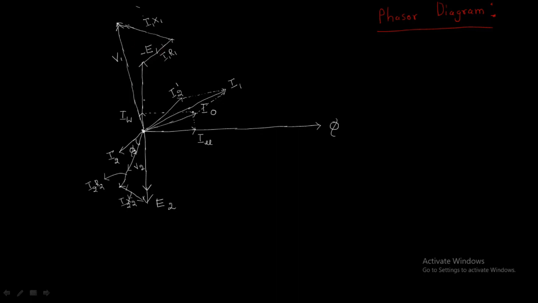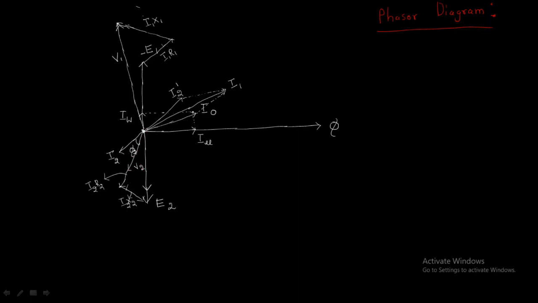The flux produced by the transformer lags the EMF by 90 degrees, so write the flux along the x-axis. And next you have to write the load voltage V2.